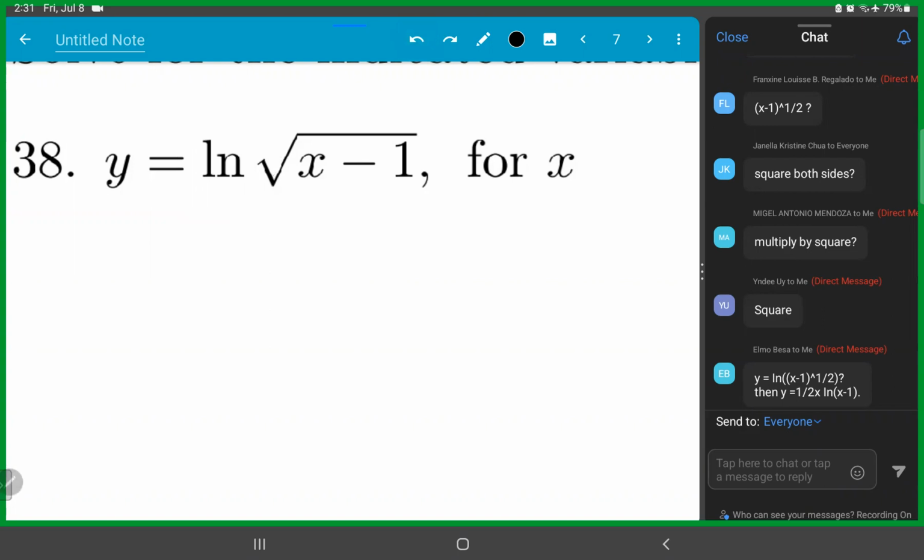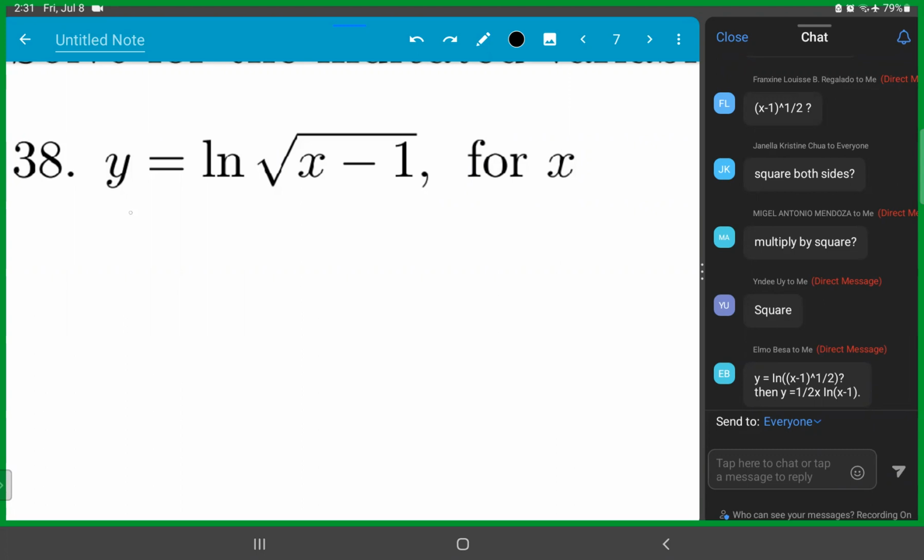So, what do I apply? Kung ang square root, ini-square, ang ln, anong ginagawa para mabaligtad mo siya? Nire-raise sa e.